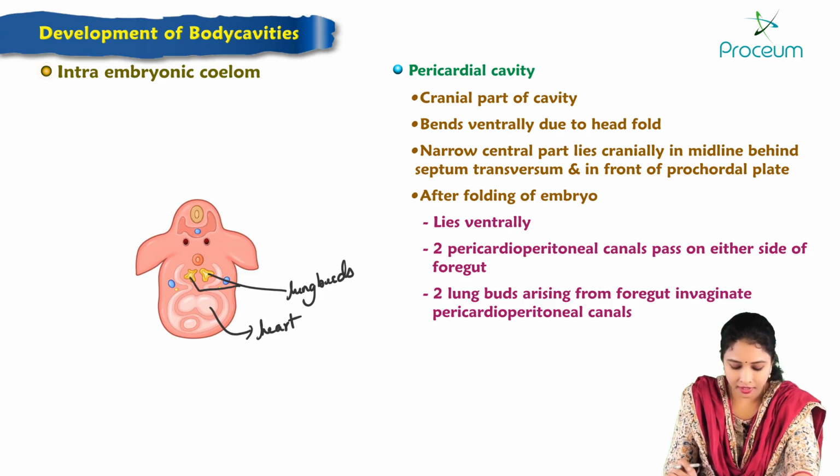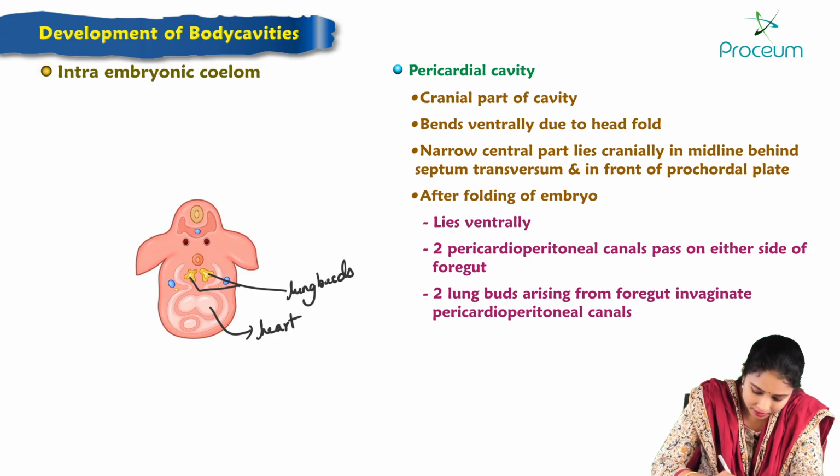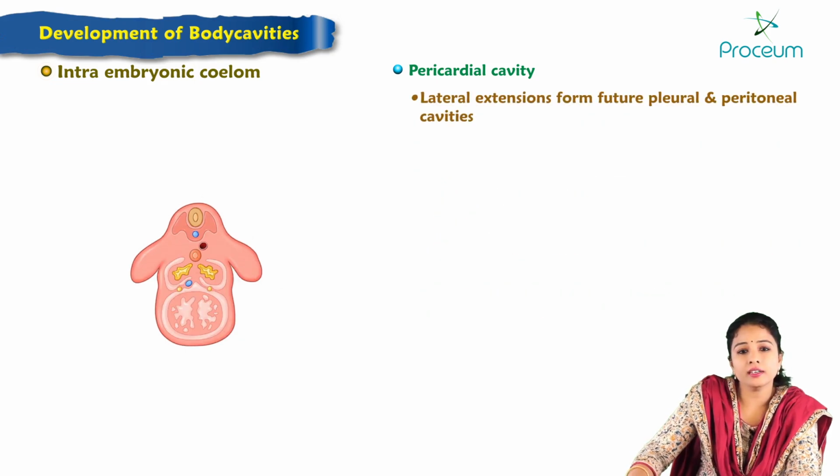This is the developing heart, where we can see the pericardio-peritoneal canals forming on each side. The lateral extensions of the pericardial cavity form the future pleural and peritoneal cavities.